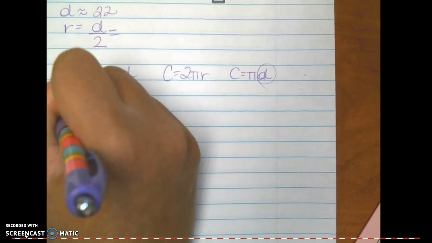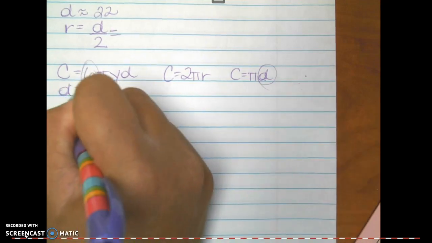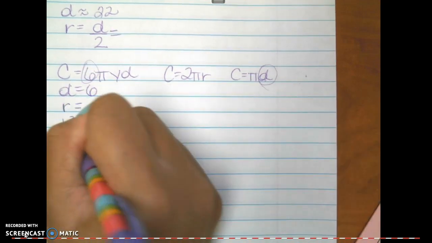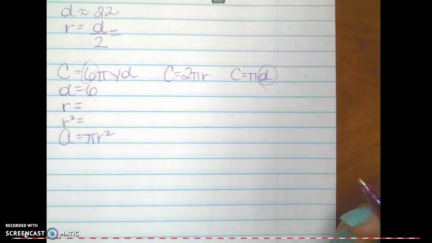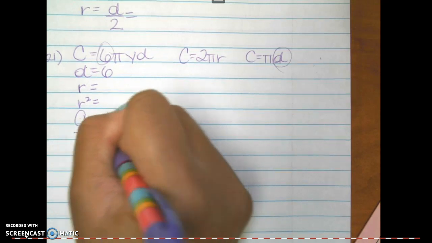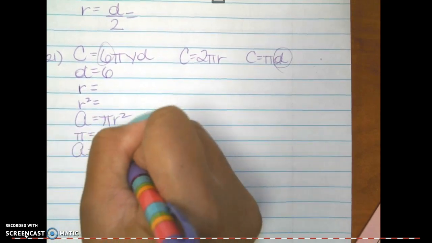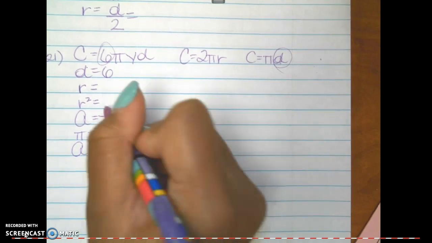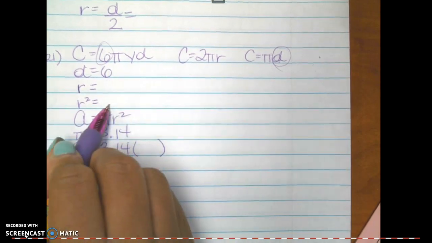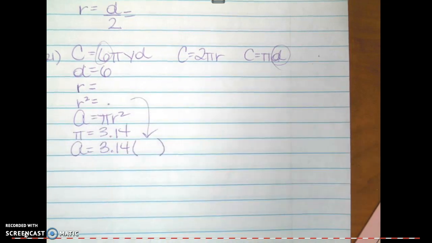With my diameter being 6, I need to figure out my radius, and I need to figure out my radius squared. Then I can calculate my area. Pi is equal to 3.14. Then your area will be 3.14 times whatever you get right here. This number goes there.